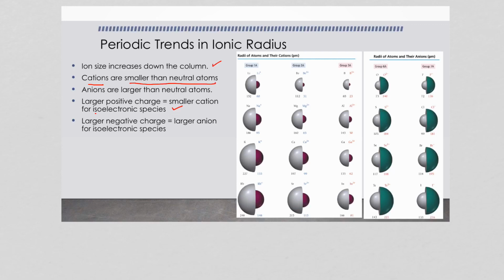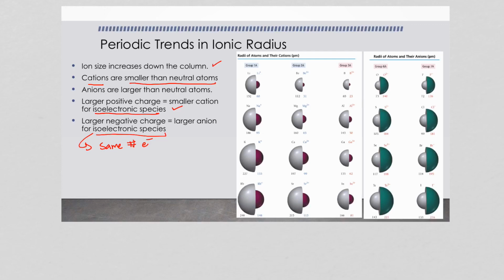Now, you got to be really careful when you compare ions like this, right? We can really only compare what we call isoelectronic species. So what are isoelectronic species? Simply means same number of electrons. So what's an example of an isoelectronic series?